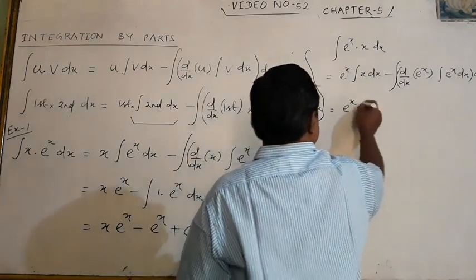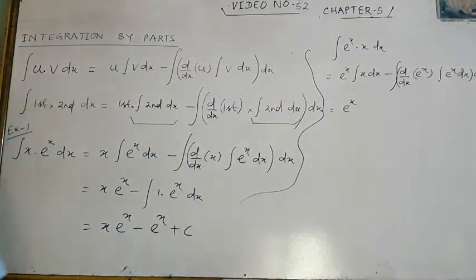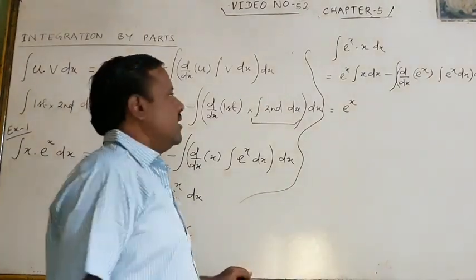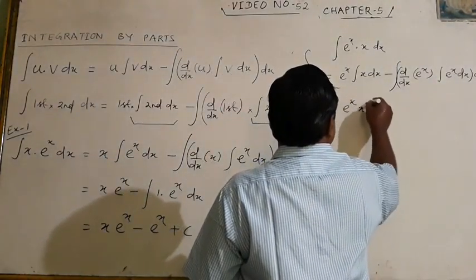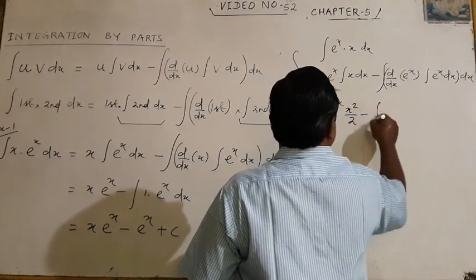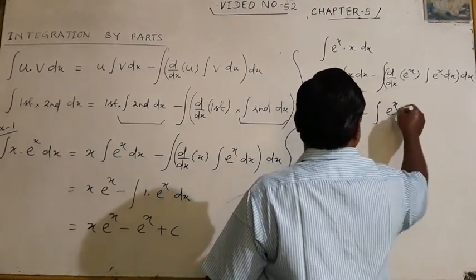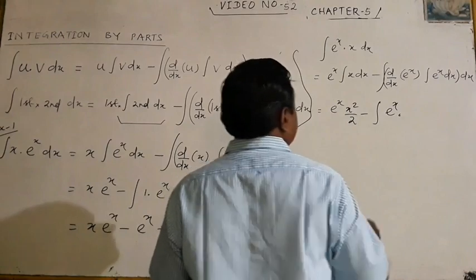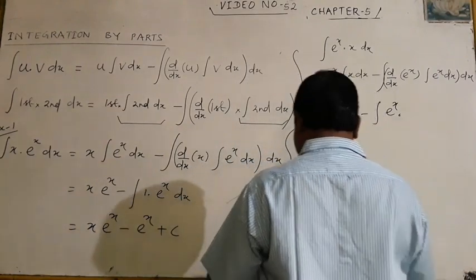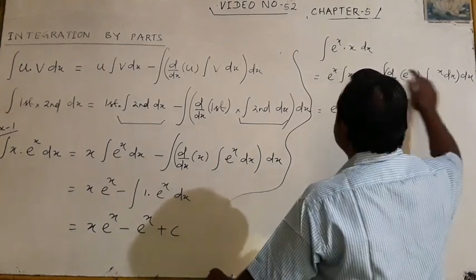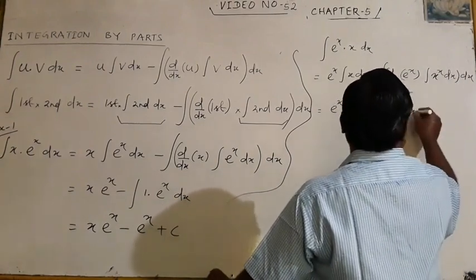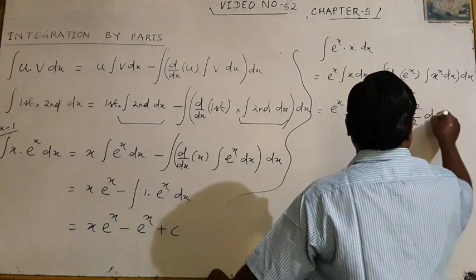This is e to the power x into, now look here. If you integrate x, it becomes x square by 2, minus derivative of e to the power x, which is e to the power x, into integration of x, because I am taking x as the second function. It is x square by 2.